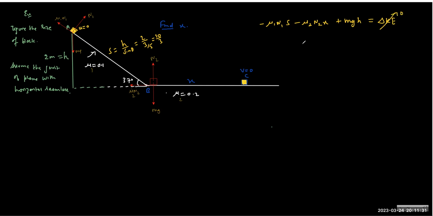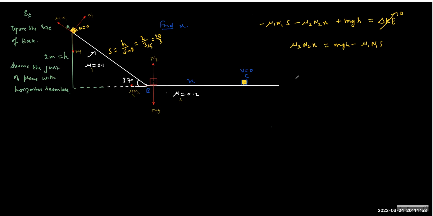And therefore, mu2 n2 x is mgh minus mu1 n1 s. You can get x; if you want to put values right away, you can.